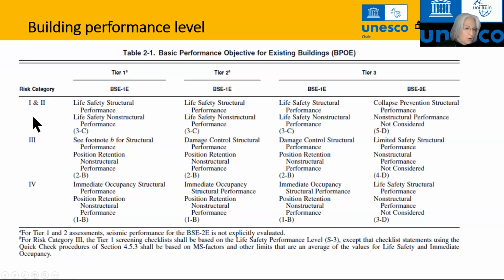So while for ordinary buildings in categories 1 and 2, what we aim to meet is life safety structural performance and non-structural performance, for buildings in category 4, we require immediate occupancy for structural performance and position retention for non-structural performance, and damage control for structural performance.